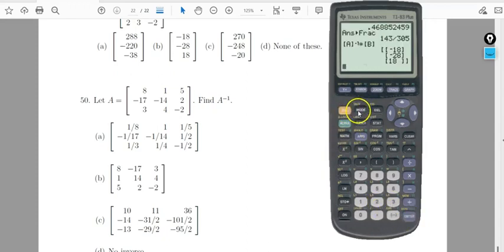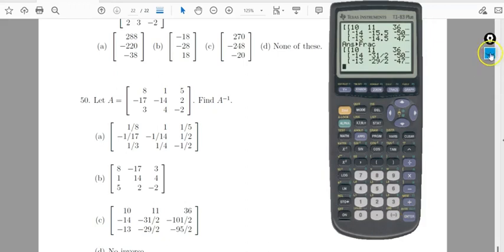Get out. I might get back in and then under names just press enter, and I'm going to have a look at that and make sure I put it in correctly. That's great. So now get back in, choose A, then click X inverse, press enter. And now we want to do math enter enter, math enter enter, because I want these as fractions.